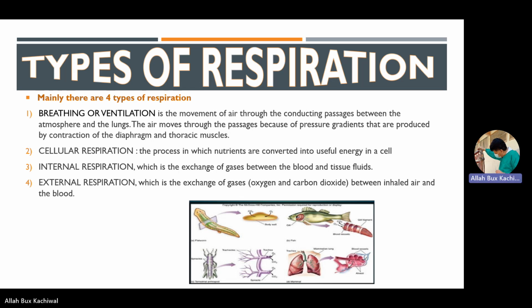The air moves through the passages because of pressure gradients that are produced by contraction of the diaphragm and the thoracic muscles. Then the cellular respiration, the process in which the nutrients are converted into useful energy in a cell.